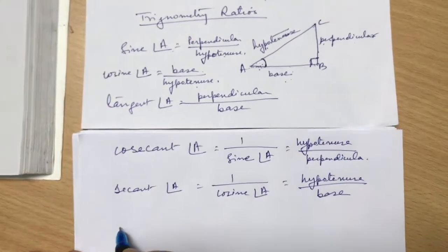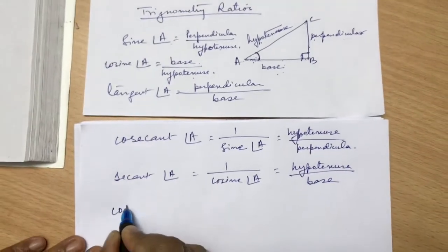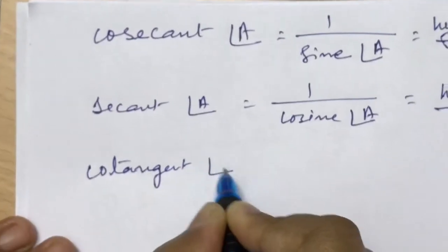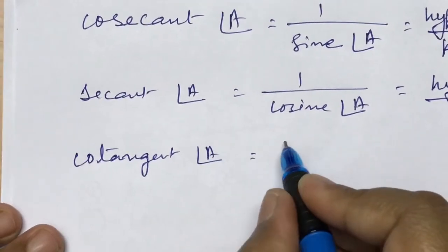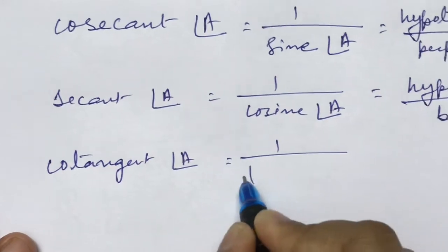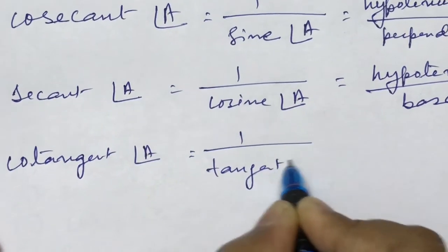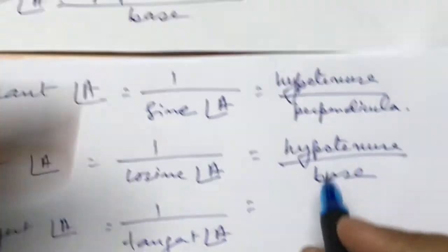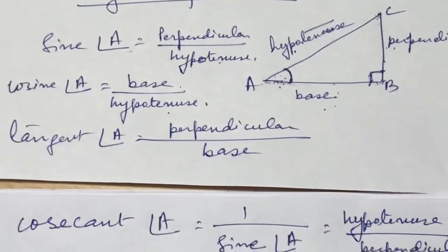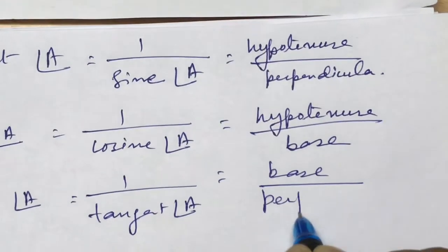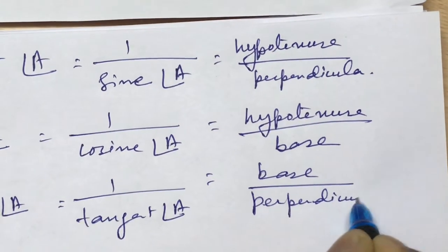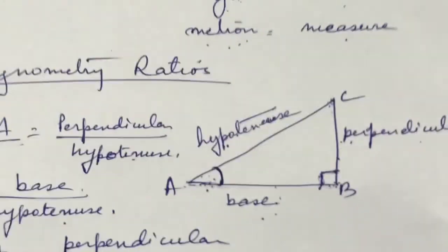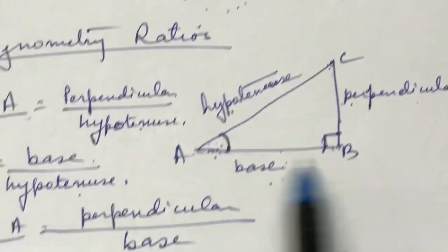Then you have cotangent of angle A. What is cotangent of angle A? It is 1 by tangent of angle A. So it will be just the reciprocal of this. That means it is base by perpendicular.